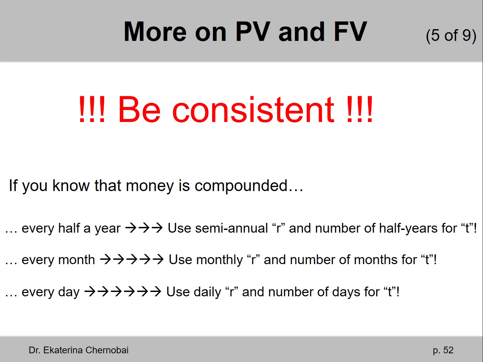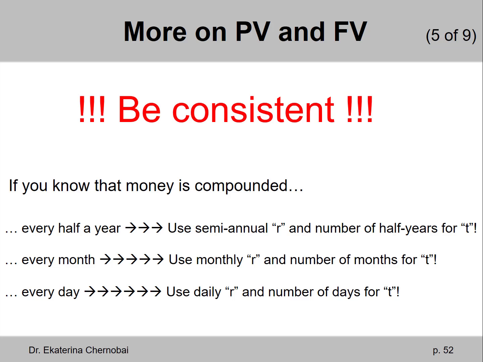If, for example, you realize that the interest is earned monthly, then you need to use the monthly rate, which is 1/12 of the annual rate that is given. And for the number of time periods, you need to convert everything into months. So whatever number of years you're given, multiply it by 12.